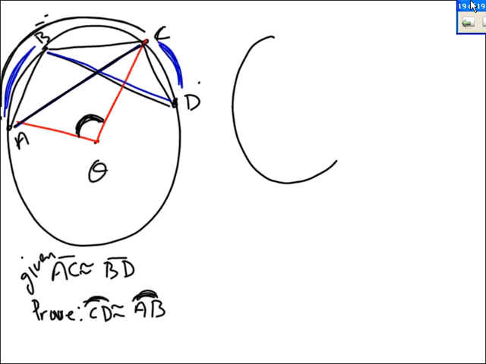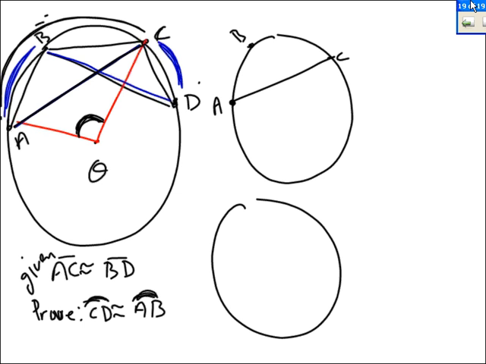Let us break this into two smaller problems, or two smaller circles. I'm only drawing them smaller due to lack of space. A goes to C with B in between. And over here, the other diagonal, we go from B to D with C in between. And I am told that AC and BD are the same.